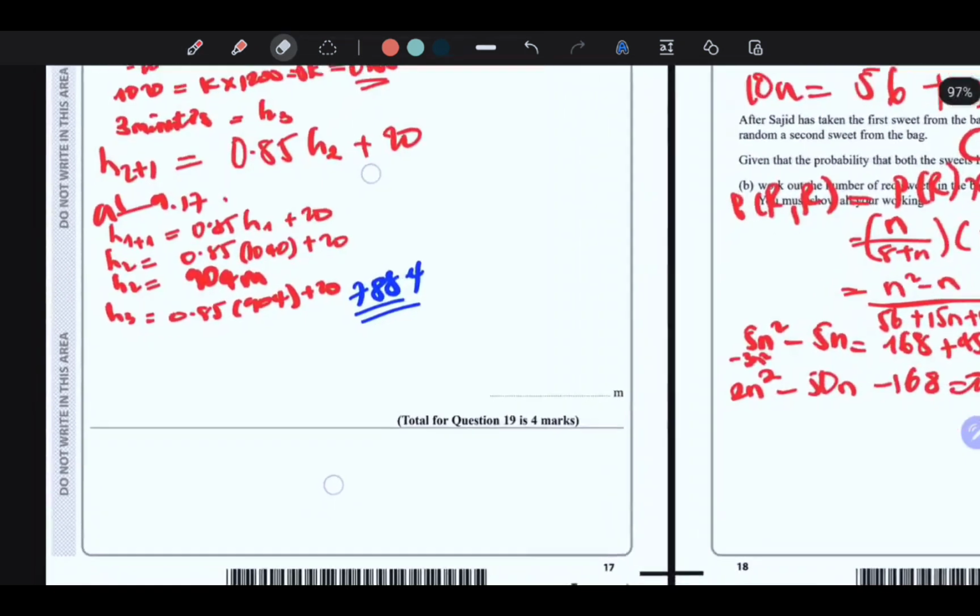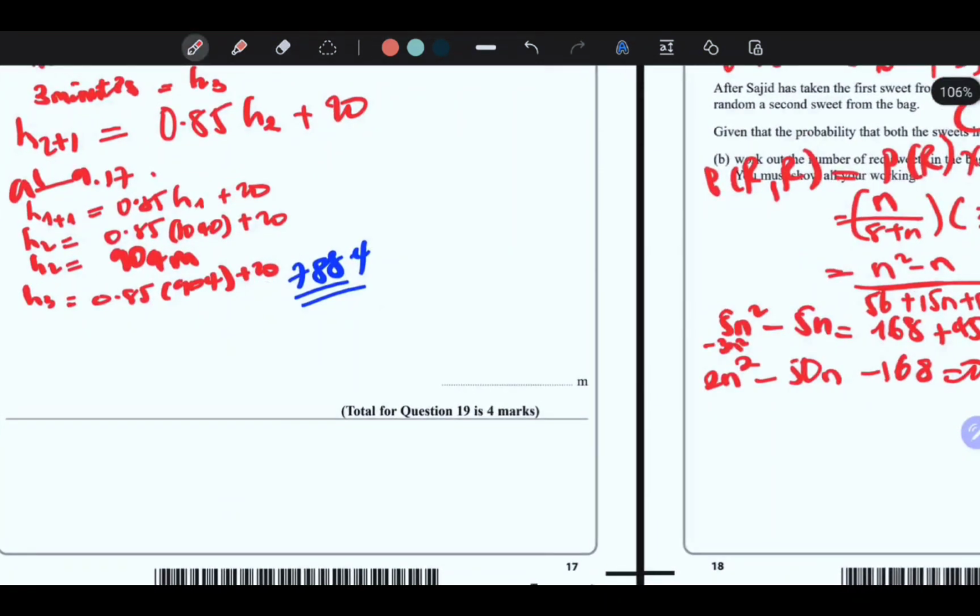So I'm just going to use this extra space at the bottom here because it's a lot better. So the equation was n squared minus 25n minus 84 equal to 0.